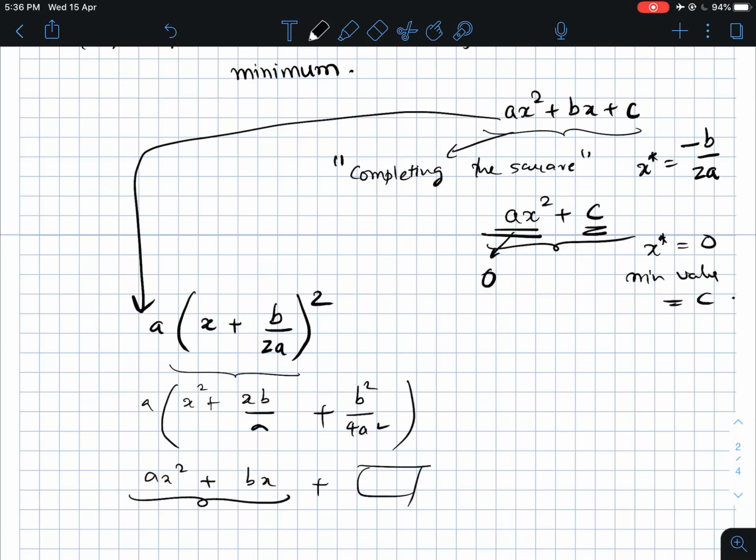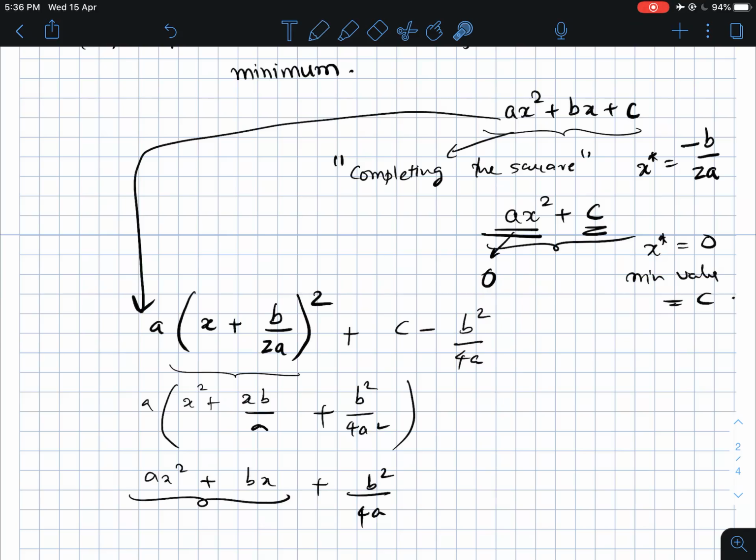But you have already covered both the degree 2 term and the degree 1 term. Whatever is left is a constant. In fact, what is left, let's write it down, is just going to be b square by 4a. Now, to make this thing equal to c, we'll add c minus b square by 4a.